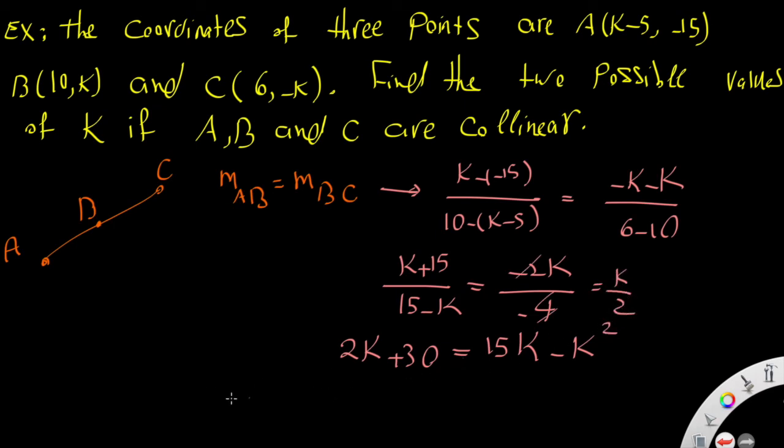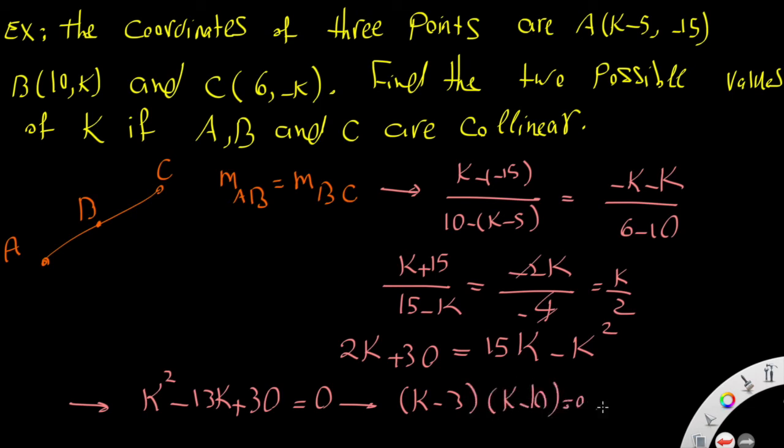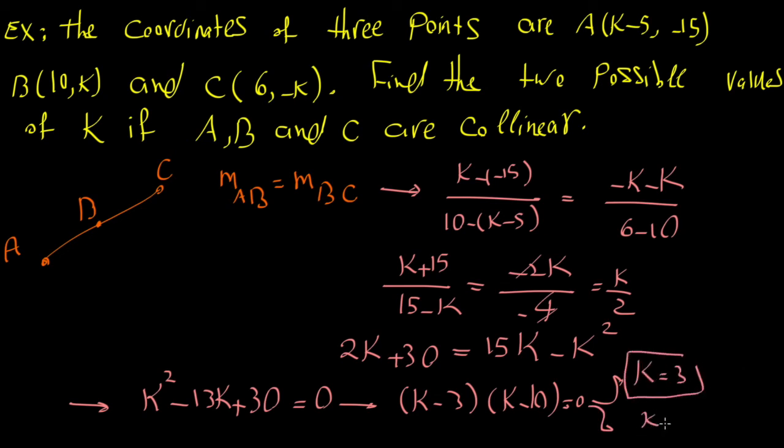Now this equation will be simplified to k squared minus 13k plus 30 is equal to 0, which can be factorized as k minus 3, k minus 10 is equal to 0. So you have two answers, k is equal to 3 and k is equal to 10, as the two possible answers here.